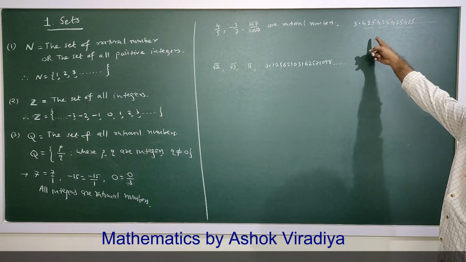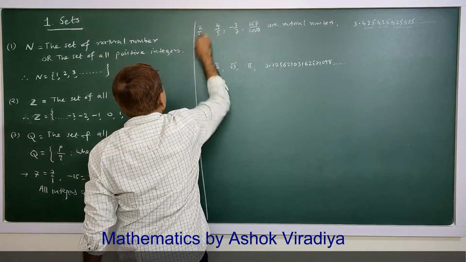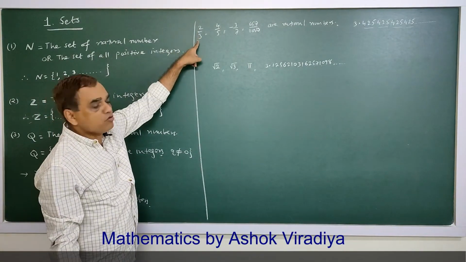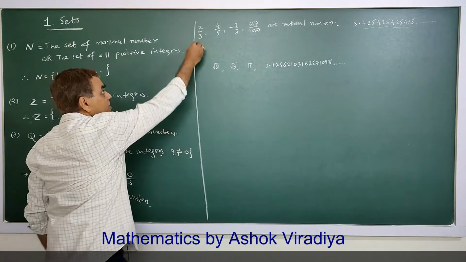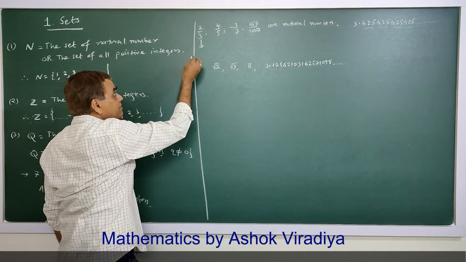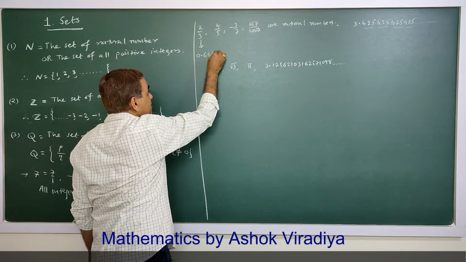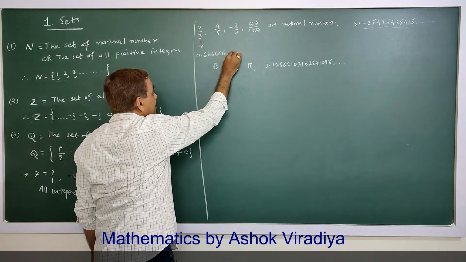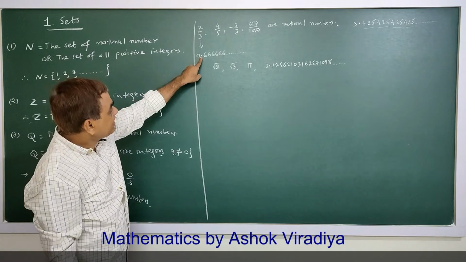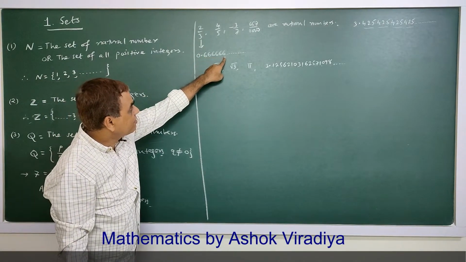This number is rational. See, if I put here, suppose 2 by 3, this is a rational, P by Q. Now observe this number. If I convert this in decimal form, then this will be 0.6666666. It will be continued. So see what is happening. After decimal point, there is a recurrence of 6.